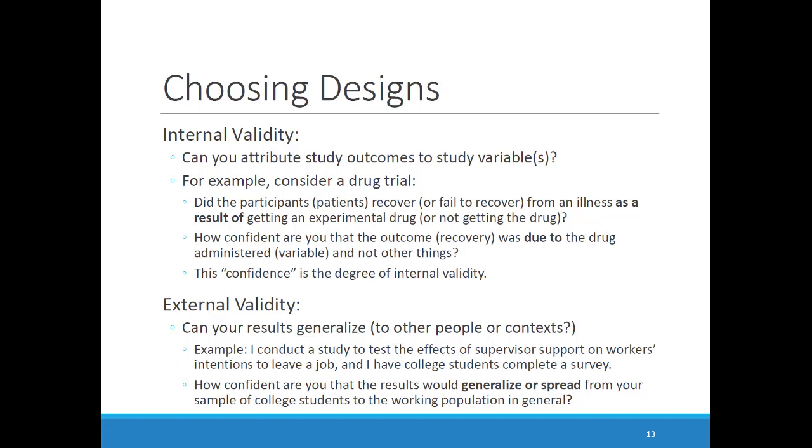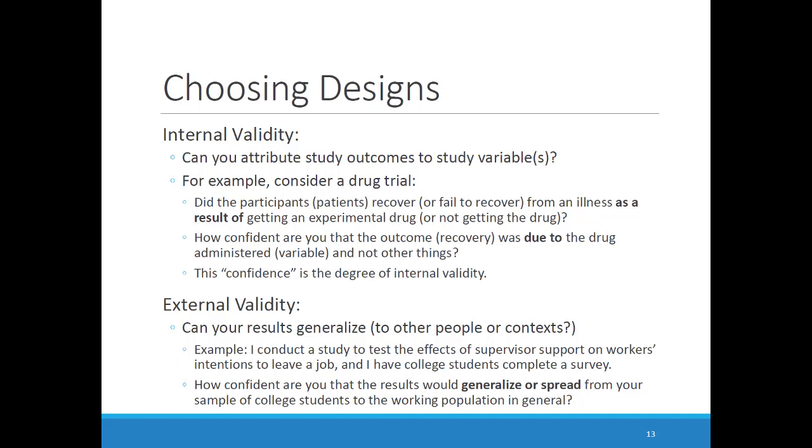So we want to know that the recovery is due to getting the experimental drug and not due to other things. So, for example, is the patient also getting other types of drugs at the same time that could possibly confound those results? That would be something that we would want to control for in that case.